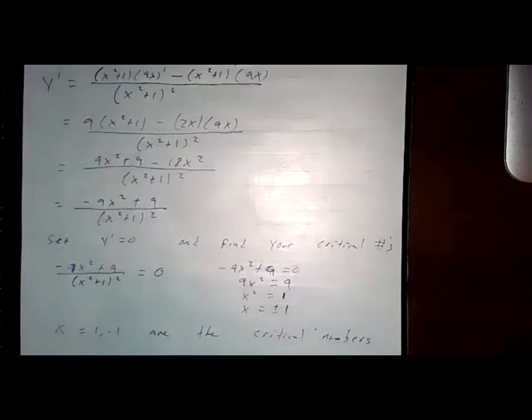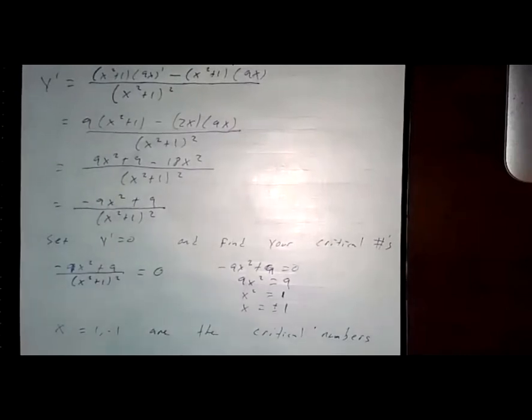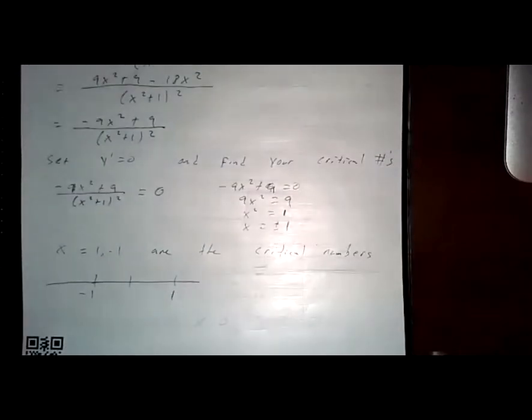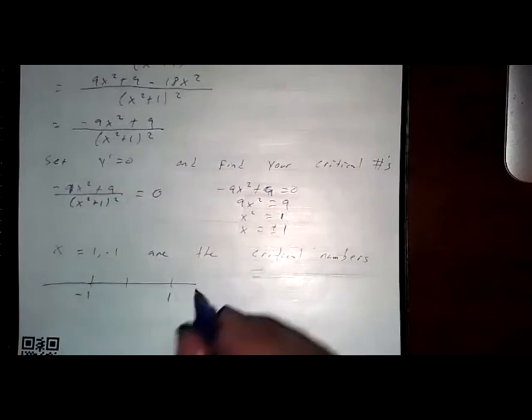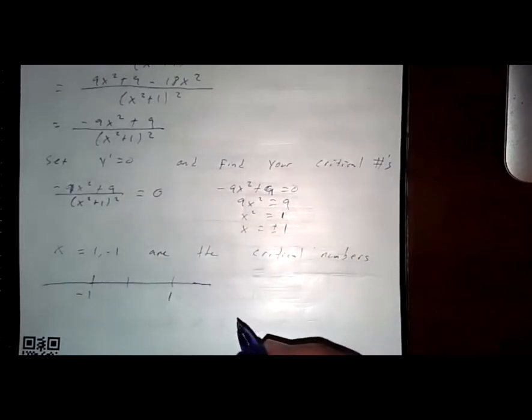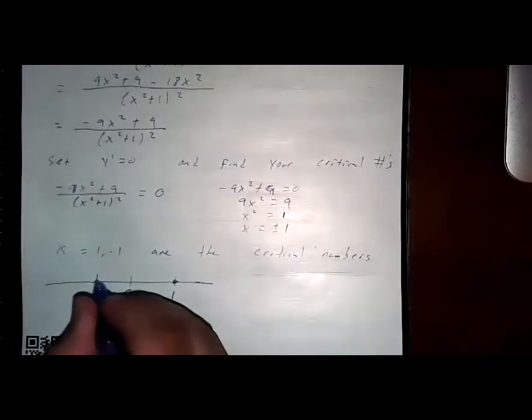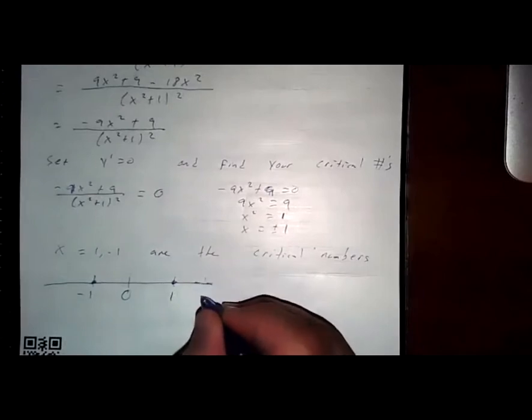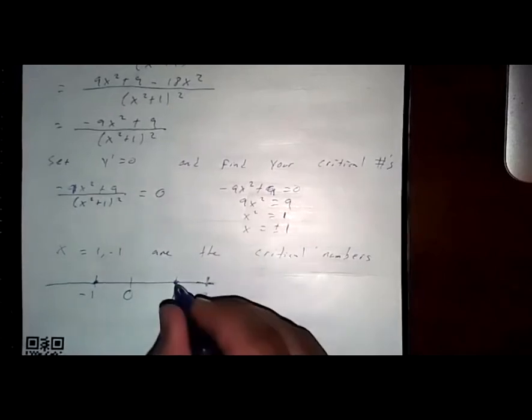So here's a 0. Well, here's a 1. Here's a negative 1. You scoot your paper up just a little bit. Yeah, thanks. So I was going to pick some numbers that are easy to deal with. So I'm going to put little dots on the ones that are critical.